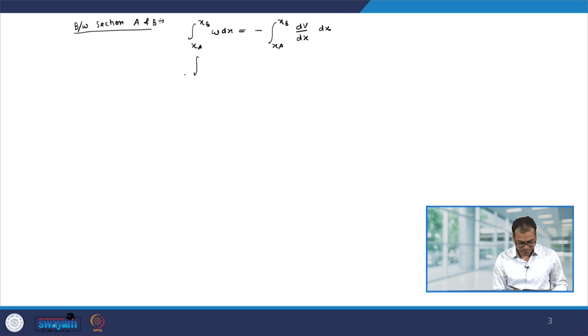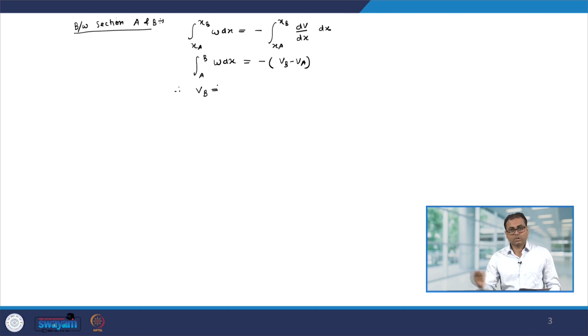This gives you the integral from A to B of W dx equal to minus Vb minus Va, and from here we can find out that the shear force at point B will be the shear force at point A minus the integral of W dx.